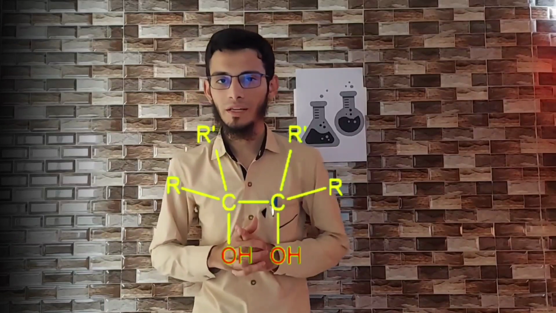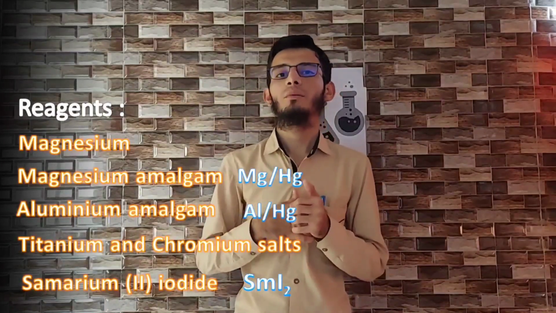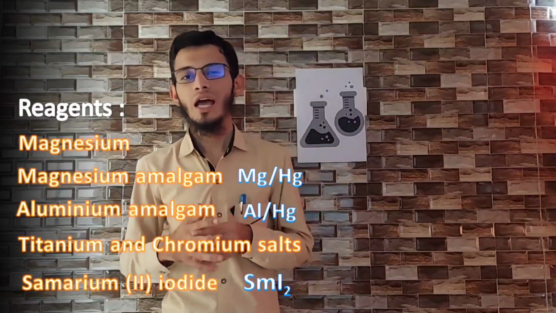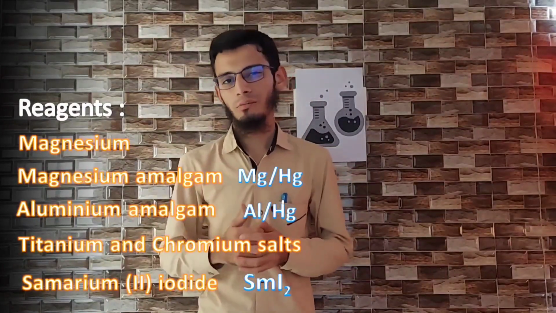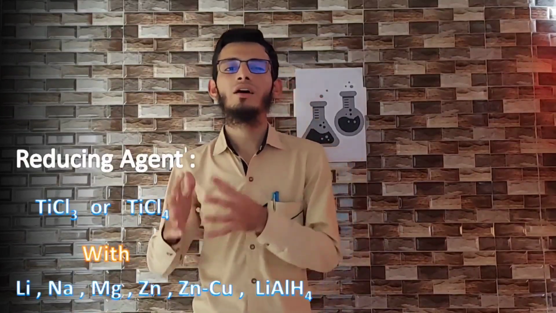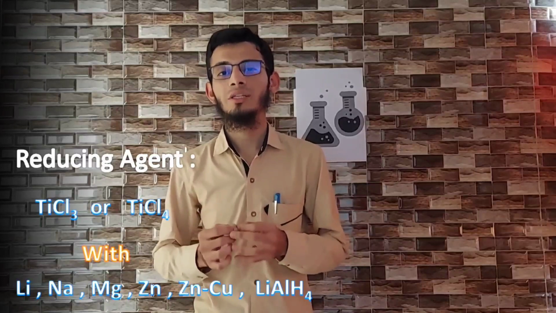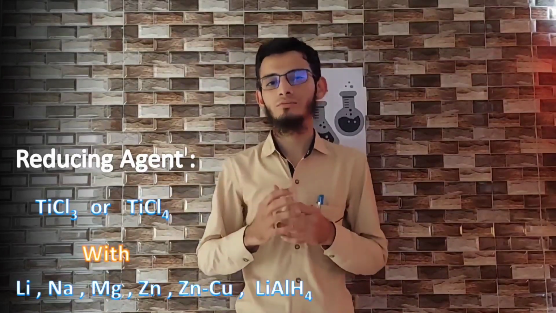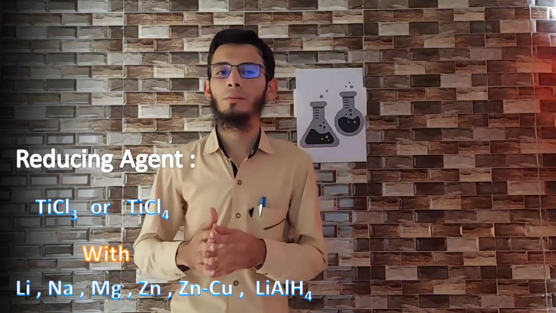It is the Pinacol coupling reaction, and the reagents are aluminum amalgam, magnesium amalgam, titanium or chromium reagents, and samarium iodide for the Pinacol coupling. Forget this, and you can get the McMurry coupling. What happens in McMurry coupling? The reagent is something different. TiCl3 and TiCl4 are the reducing agents, and we use a new reducing agent with this, like lithium, sodium, zinc, magnesium.